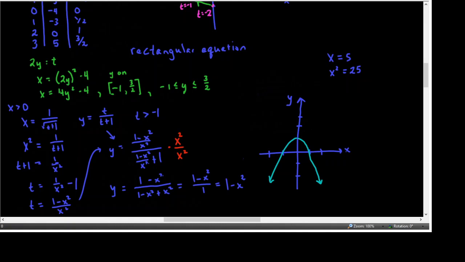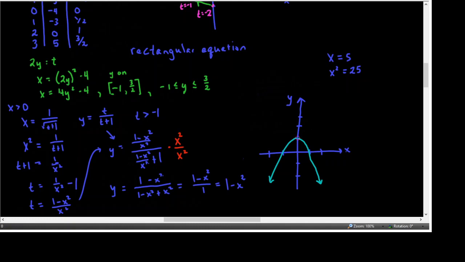Whatever t is, I know that x can only be positive from what we said earlier. So what that means is that the actual graph we're going to keep, we can't let x be 0. So we'll have an open circle here.